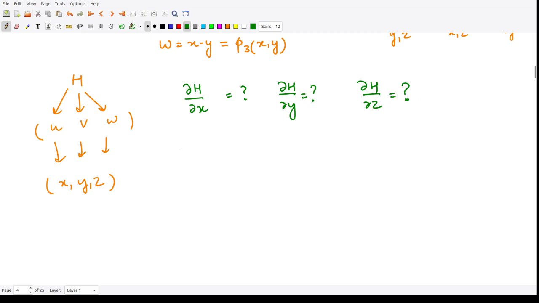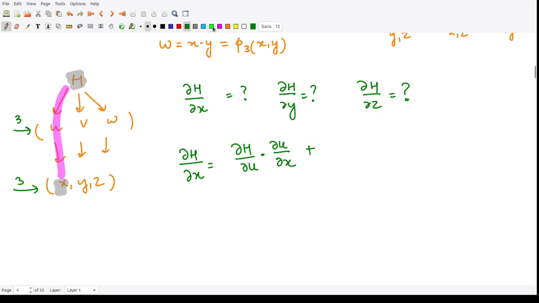Firstly, we'll talk about del h upon del x. Now, see the ways in which you could reach from h to the point x. There are 3 possible ways. One way is you go through this point, another way through this point, and a third way through this point. For the first, you have the partial derivative of h with respect to u, and then the derivative of u with respect to x.